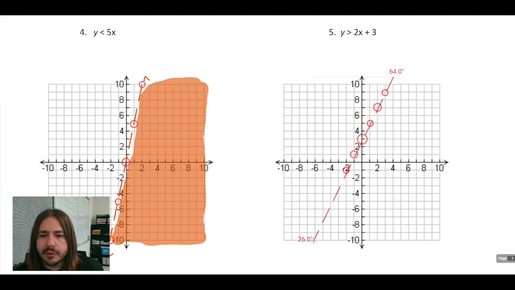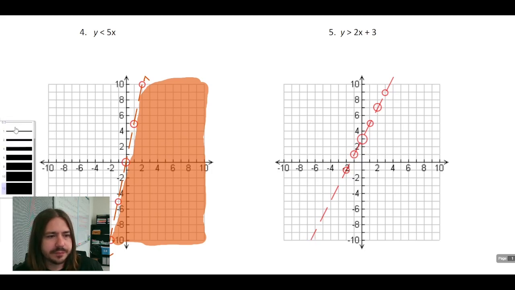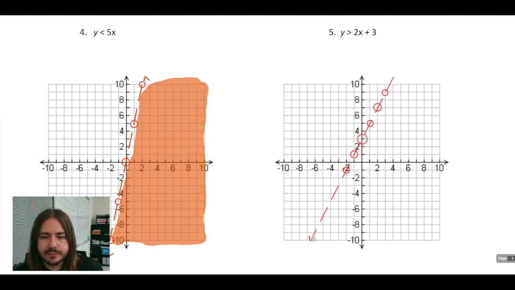I'm going to go through points here. That looks decent enough. Go ahead and draw the line. Not like that, though. Let's color that in.